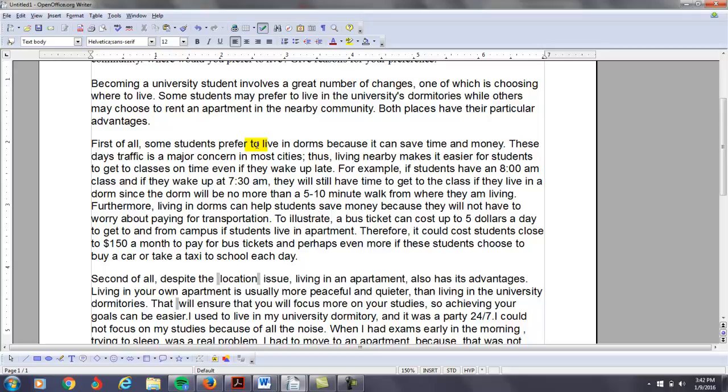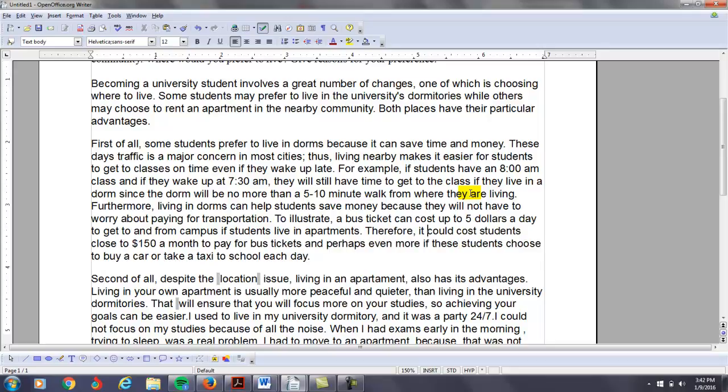For example, if students have an 8 o'clock a.m. class and if they wake up at 7:30 a.m., they will still have time to get to the class if they live in a dorm, since a dorm will be no more than a 5 to 10 minute walk from where they are living. Furthermore, living in dorms can help students save money because they'll not have to worry about paying for transportation. To illustrate, a bus ticket can cost up to $5 a day to get to and from campus if students live in apartments.